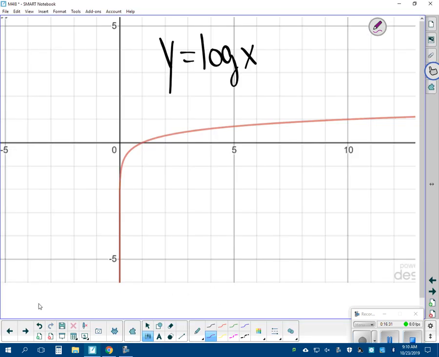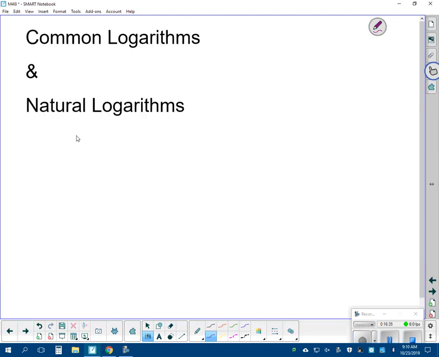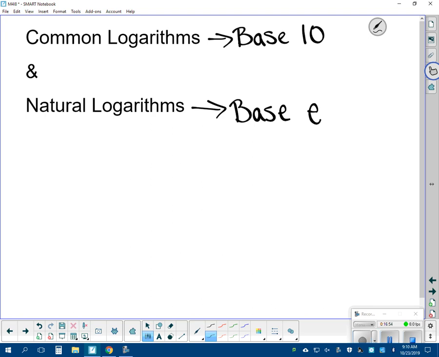Yes, that is correct. Okay, common logs and natural logs are special cases of logarithms. Common logarithms have base 10. Natural logarithms have base e, which is why we learned about e yesterday.